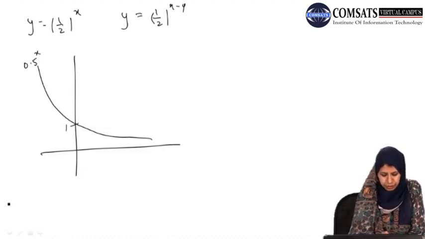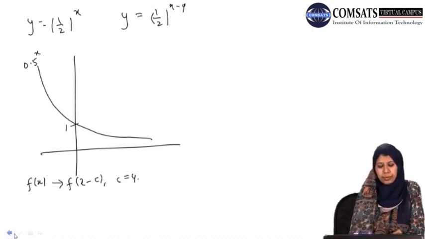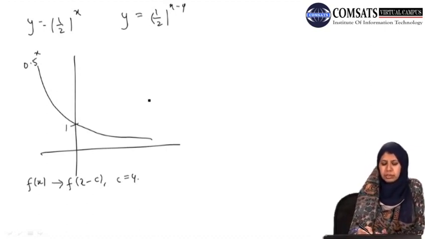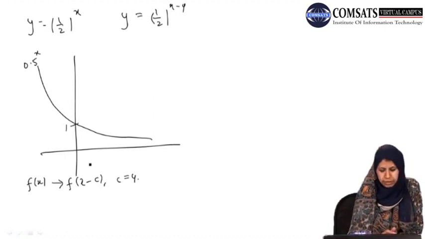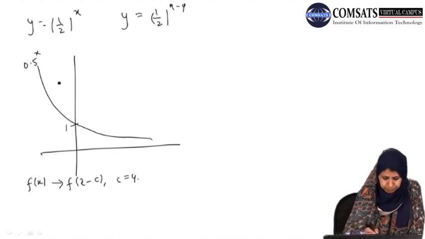And now our function f of x has been shifted to f of x minus c, where c is equal to 4. So the graph of the function 1 by 2 to the power x minus 4 will be obtained by shifting the graph to the right 4 units.